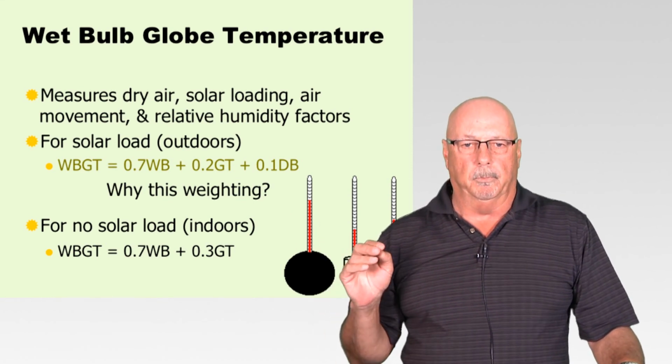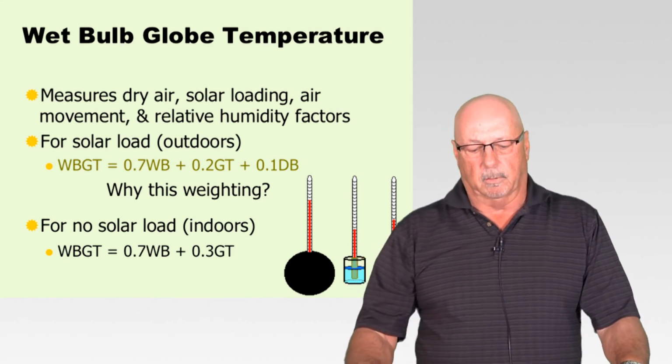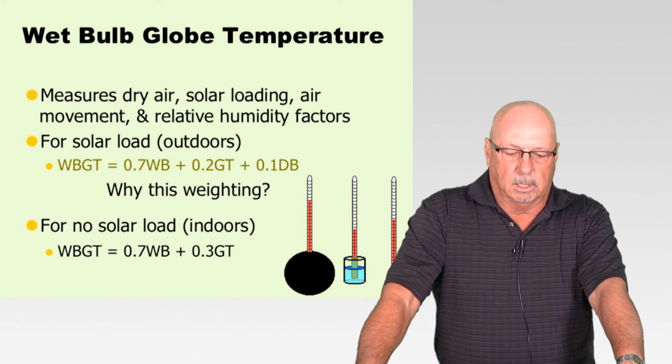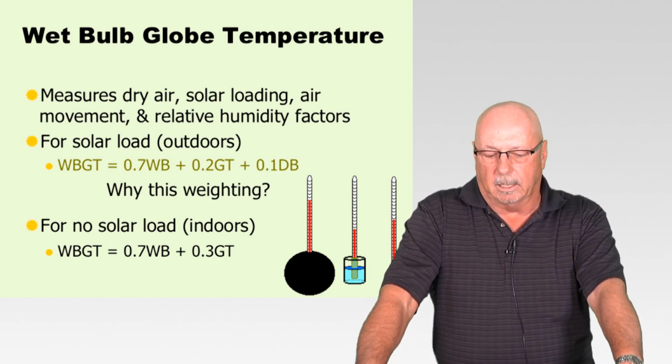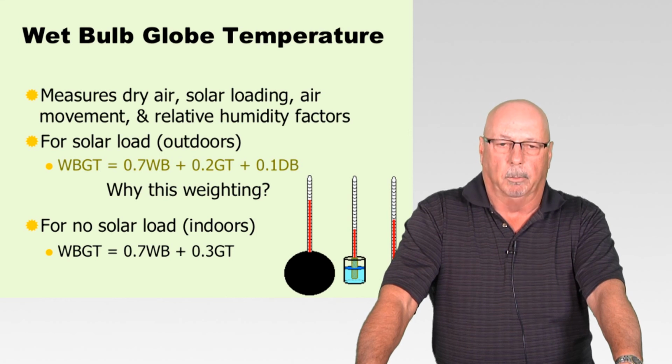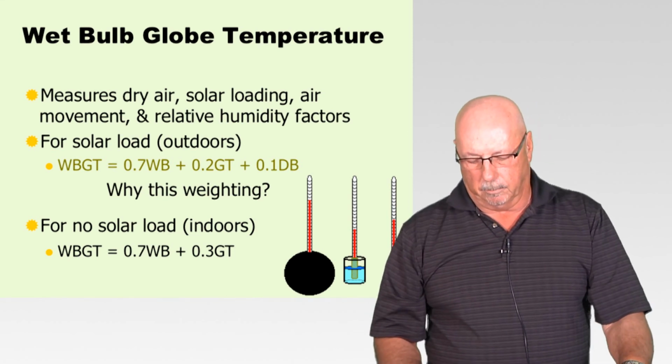So for the indoor temperatures, we modify that formula slightly. We only use the wet bulb and globe temperature in calculating out the WBGT.